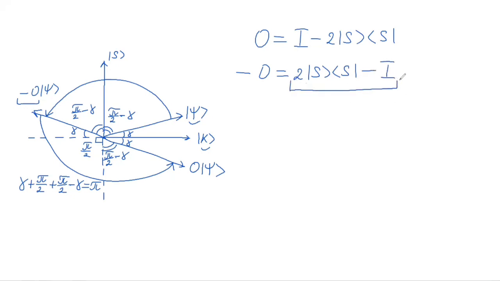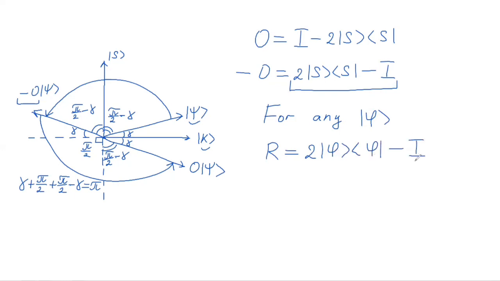So this part here is a reflection about vector S. But this is also true for any vector. So for any vector phi, we can write a reflection operator, let's call it R, in the following form: 2 |phi⟩⟨phi| minus the identity matrix.